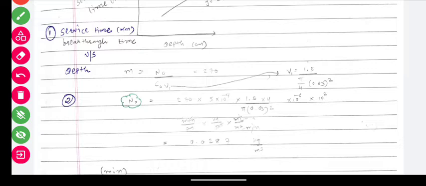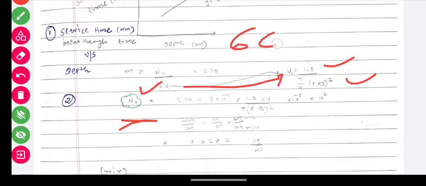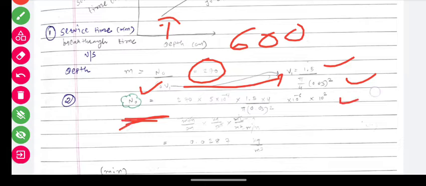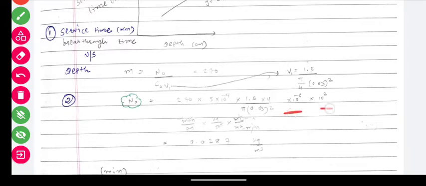There are 3 flows given, so this is how you will calculate V1. How will you calculate N0, because everything is known? V1 you have calculated from here, C0 you know, and the slope you have found from here. This is how you will get N0. You just have to multiply. This is just a unit conversion, kg per meter cube. This is how you got N.